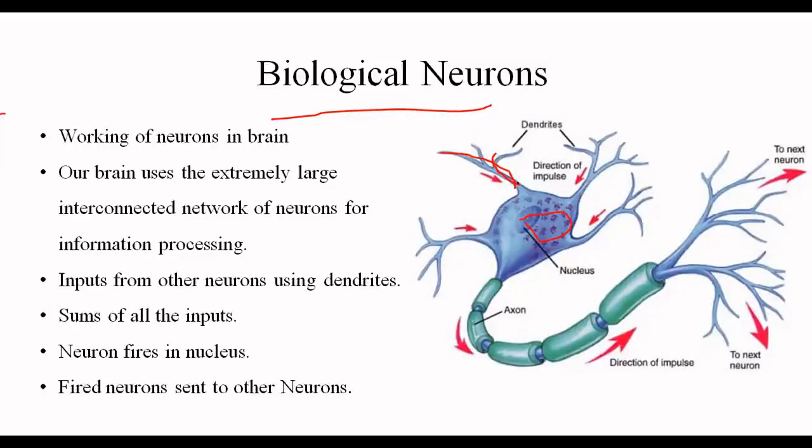The inputs from the other neurons are taken through these dendrites, and it has a key axon which gives us the output from this particular neuron. This is connected to the other neurons, to give an output to them or fire the other neurons.